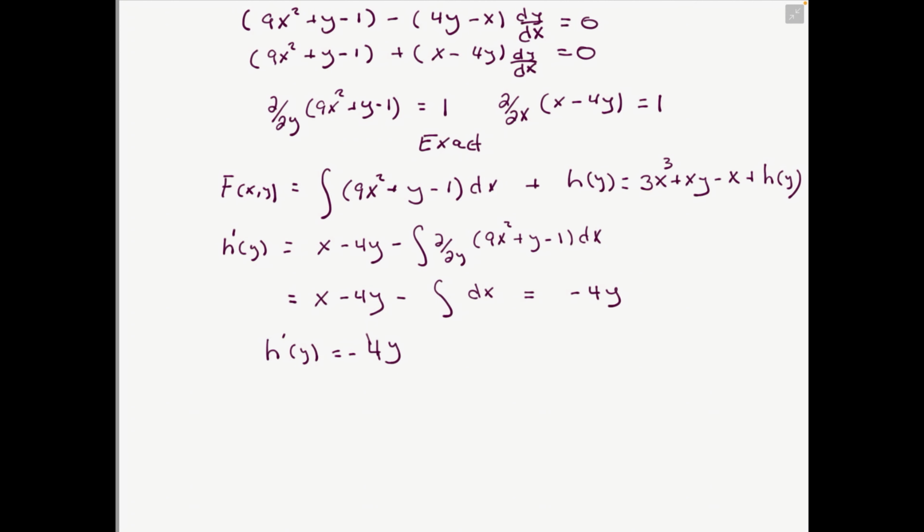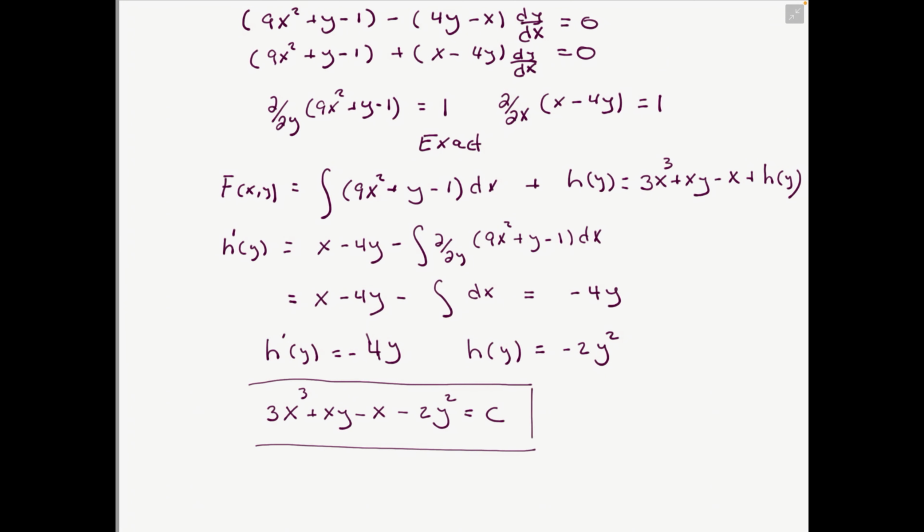This is equal to x minus 4y minus, dx is equal to minus 4y. So h prime of y equals minus 4y, and h of y then equals minus 2y squared.